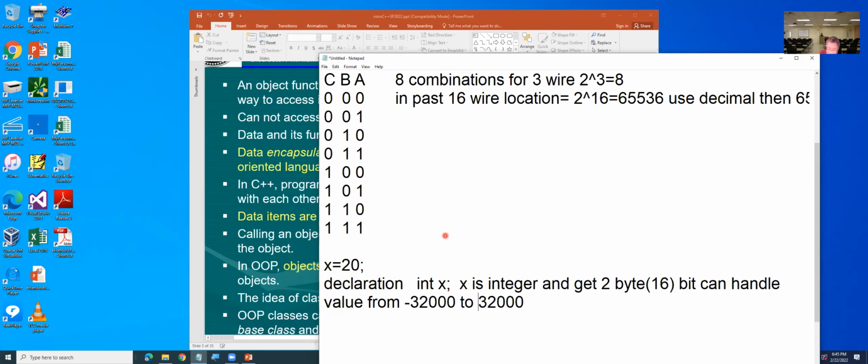Later on, you say x equal 400,000. Then what happens? It will tell you overflow. That means the number you want to store into x is too big.